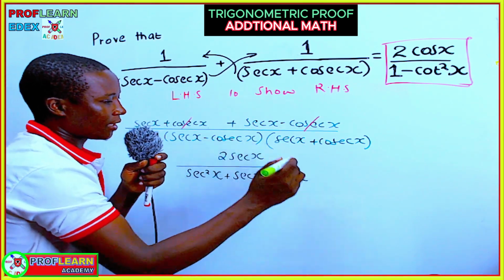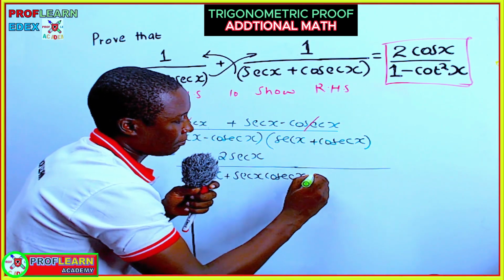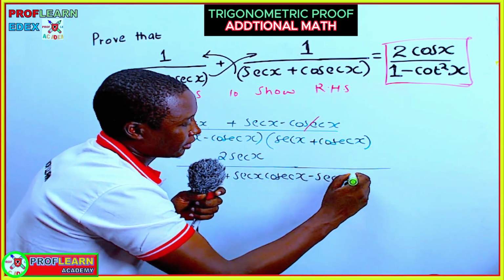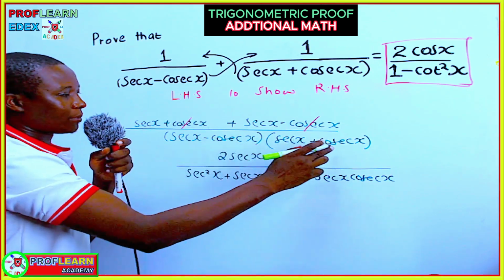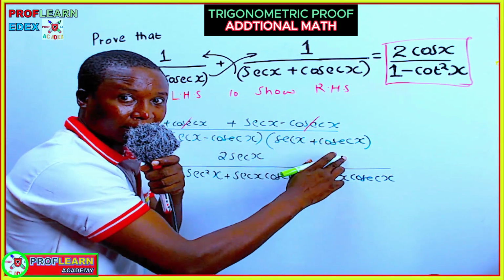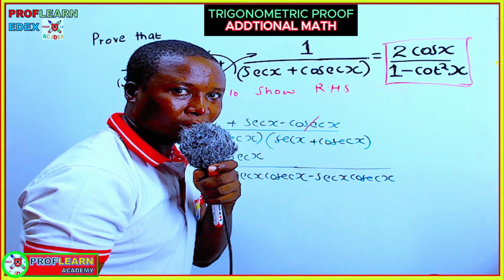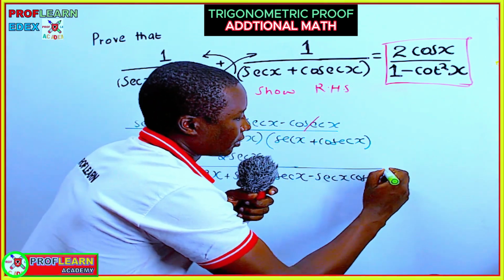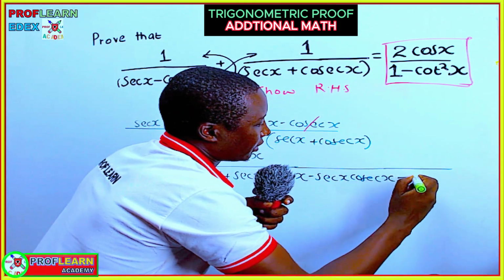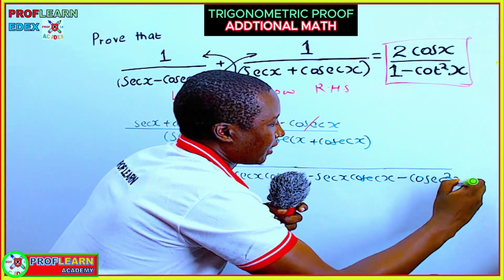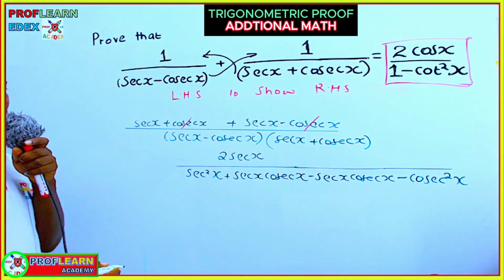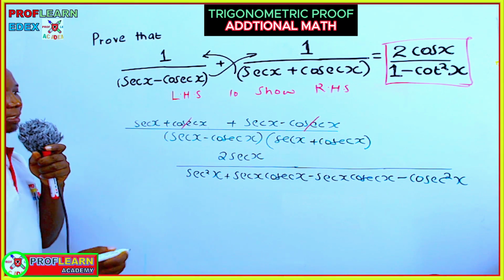Cosec x times sec x is going to be minus sec x cosec x, and then cosec x times negative cosec x is going to be minus cosec squared x.